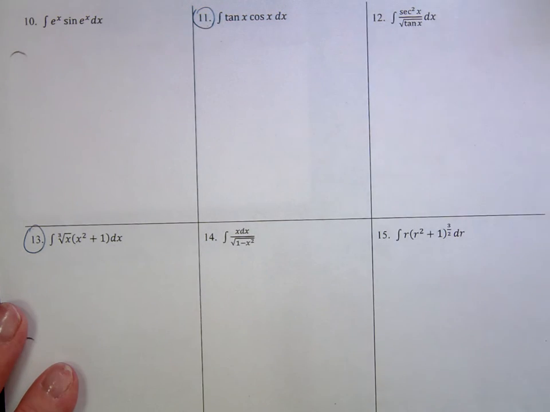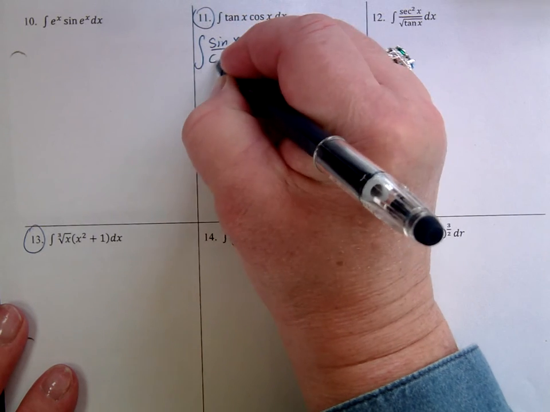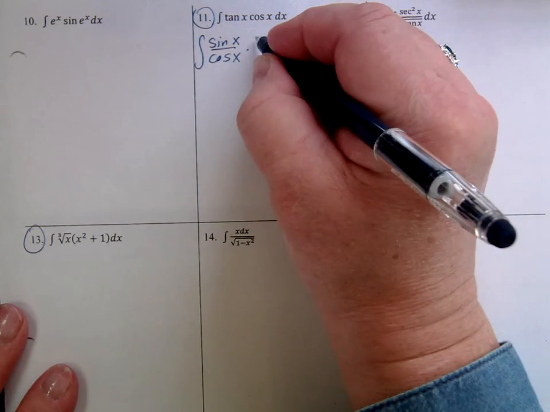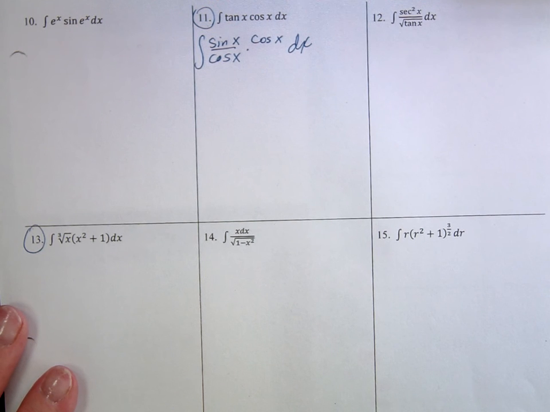So if you think about your trig identities, back in the day, you know tangent is the sine over the cosine, times the cosine of x. Remember these from back in pre-calc where you were doing identities and verifying and simplifying and such? That's kind of where we're at with this one. If I can remember that, that makes this question a million times easier.